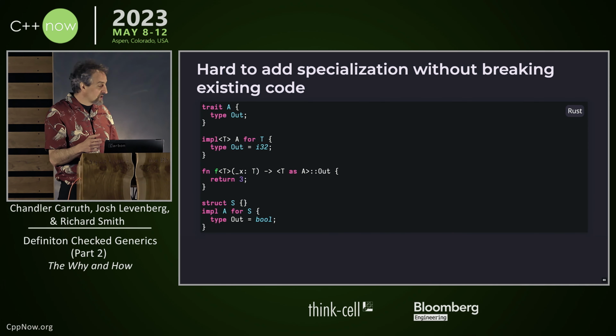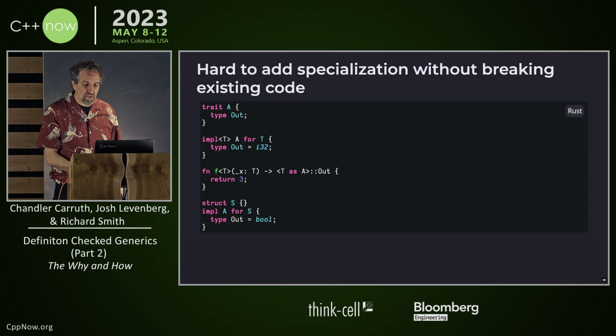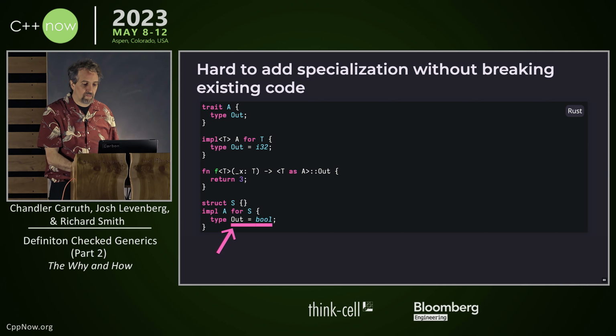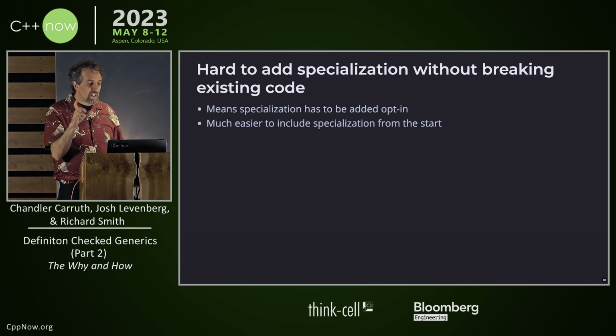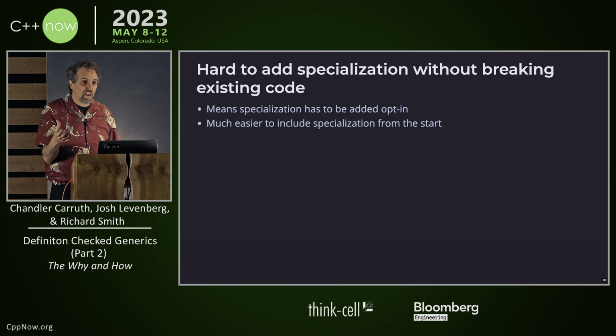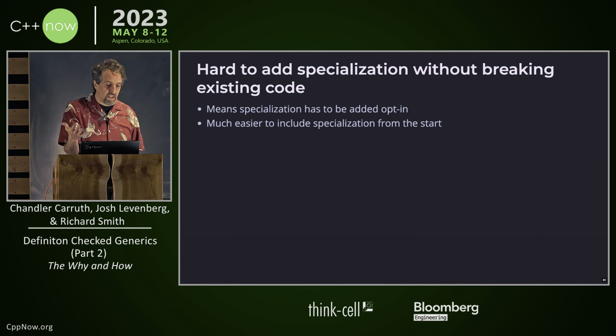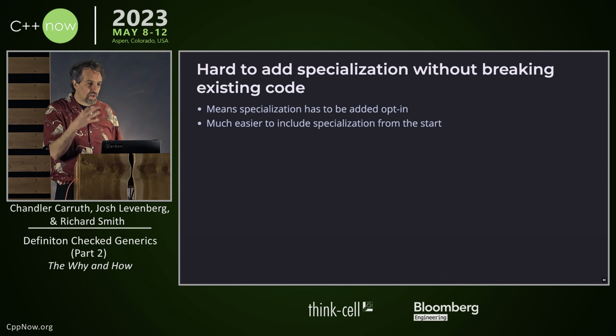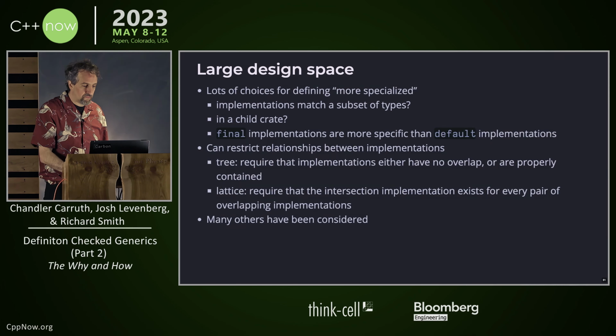With specialization, though, a more specific implementation might apply with a different associated type. So this code would not be allowed. This means specialization has to be added opt-in if you're adding it later. And it's much easier to include specialization from the start when you're first adding the generic system.